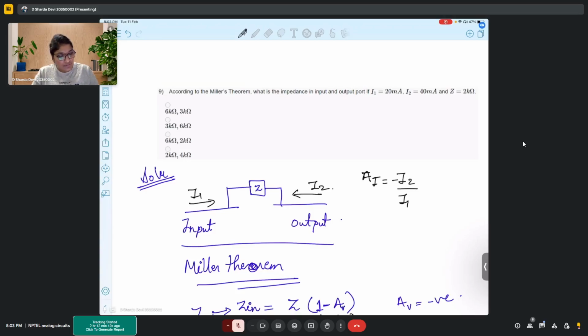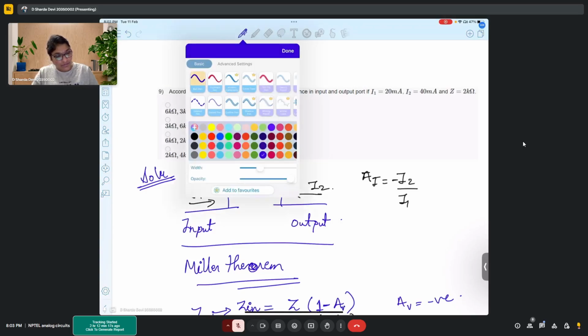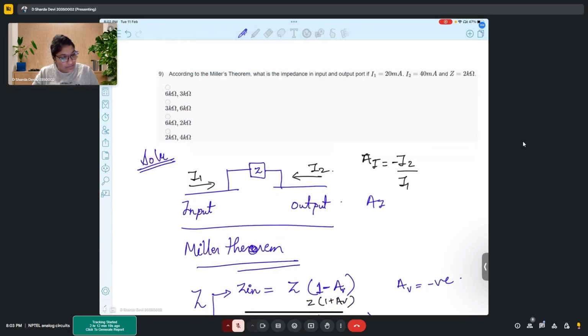Because of which you will have a negative sign, and your gain will come out as AI equal to 40 by 20 milliamperes. So AI will be 2, amperes by amperes. Oh, sorry, minus 2.